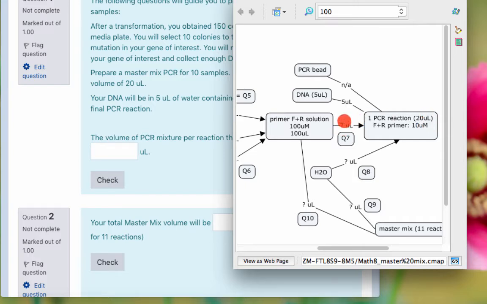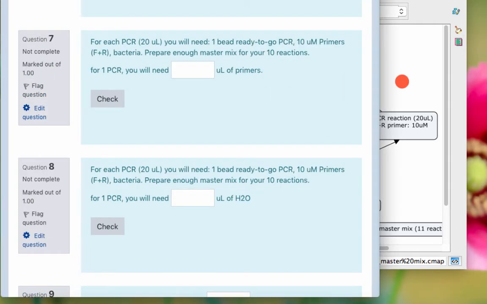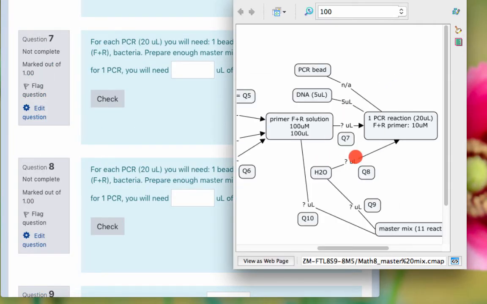Solve this question mark, and this is the answer for question number 7. The last ingredient is the amount of water. There are only 4 things going into a PCR reaction, and the volume should add up to be 20. You know this is 5 microliter of DNA. You solved this question mark in question number 7. So here you need to solve this question mark, and that's the answer for question number 8.